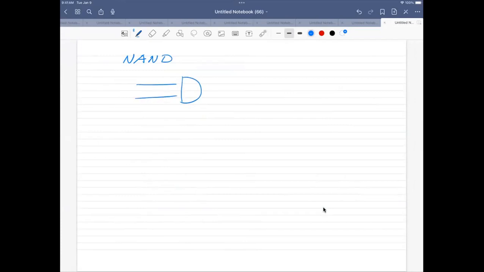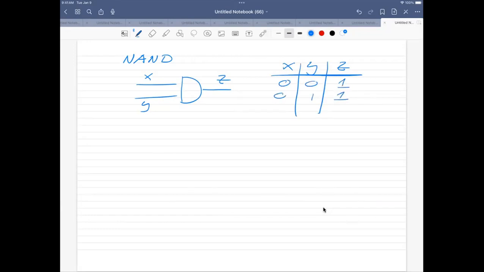So it means that there is no quantum mechanical analog of that specific gate. So we have an output z, so we have x, y, z here. And this specific gate, we are feeding in 0 and 0, we get out 1, we feed in 0, 1, we get 1, 1, 0, we get 1.